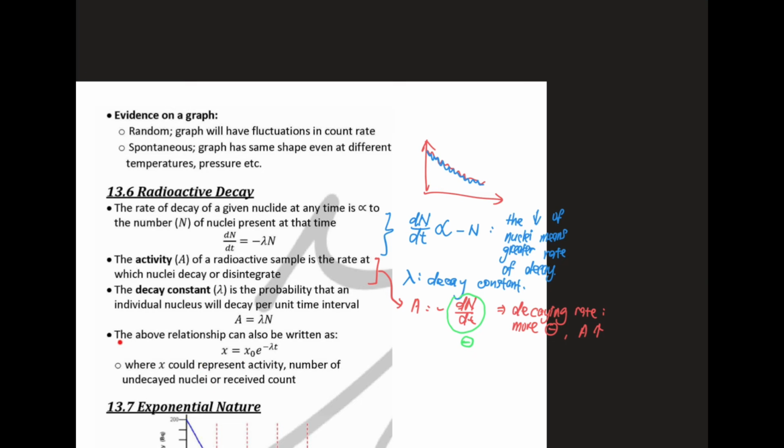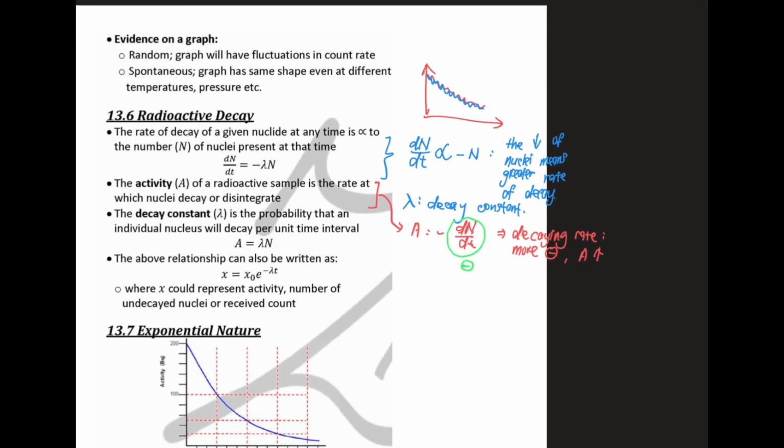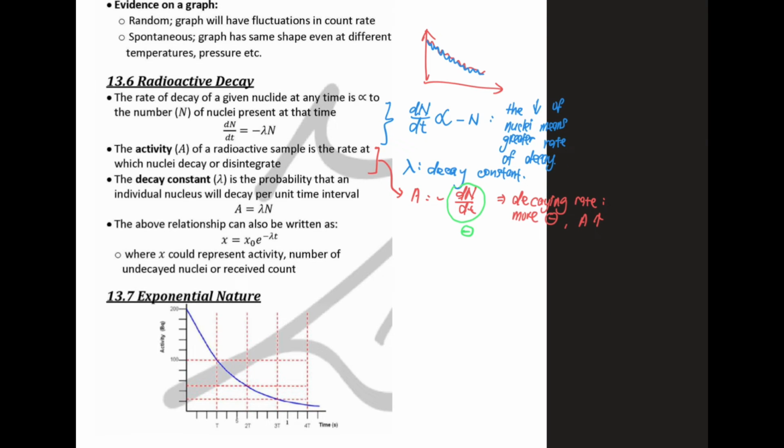Okay. Then the above relationship can also be written as x equals x naught e to the power of minus lambda t. So this is the formula to represent the graph. The graph that goes down in this way is basically an exponential graph with negative power.